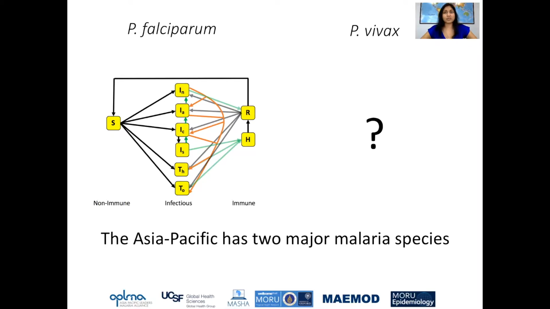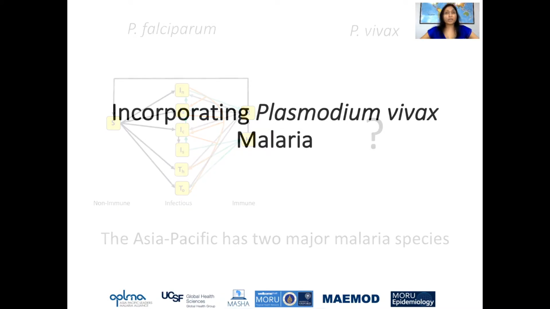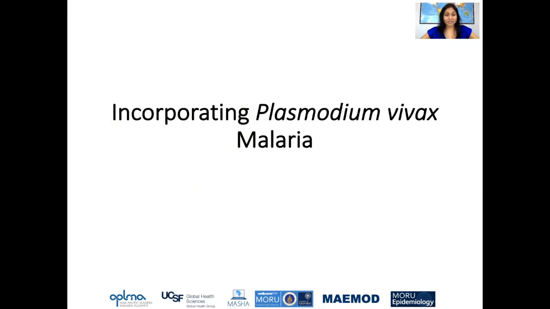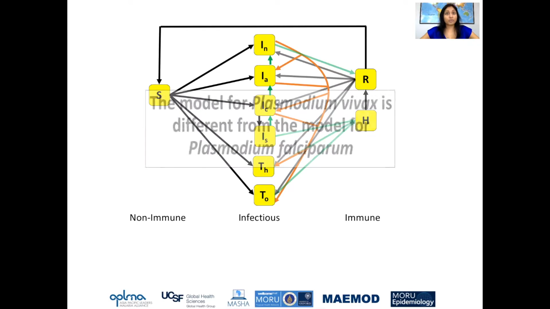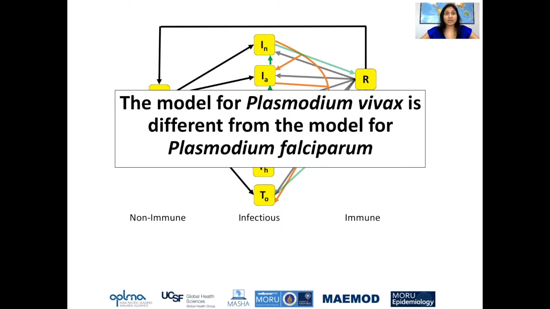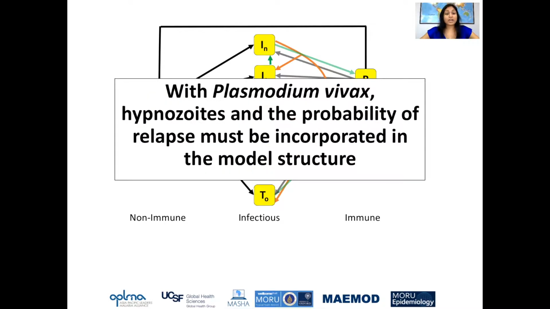But the Asia-Pacific has two major malaria species. What about Plasmodium vivax? Incorporating Plasmodium vivax malaria. The model for vivax malaria is not the same as the model for falciparum malaria. With Plasmodium vivax, the presence of hypnozoites and the resultant probability of relapse must be included in the transmission model.